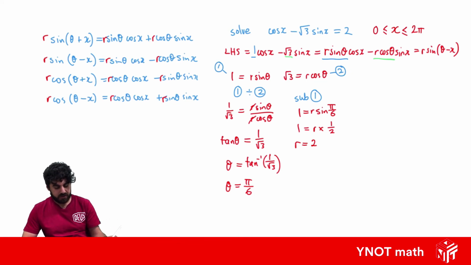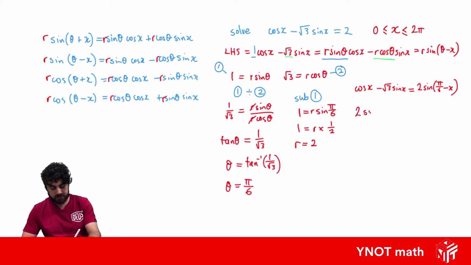So now we can express our left-hand side, cos x minus root 3 sine x, as r, which is 2, times sine of theta, which is pi over 6, minus x. And this is the same thing as this. So now we can sub this into here and make it equal 2, and this is going to make it a lot easier to solve for x.